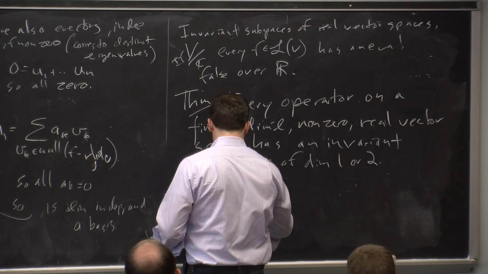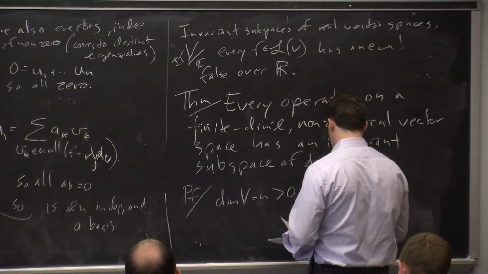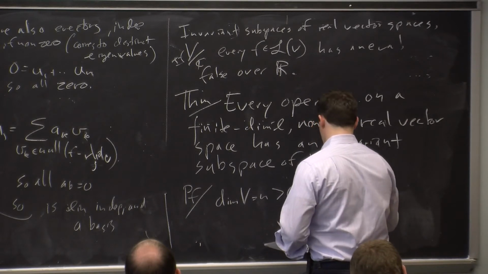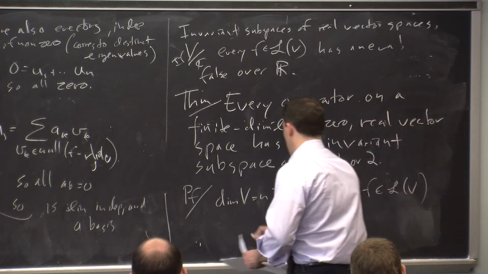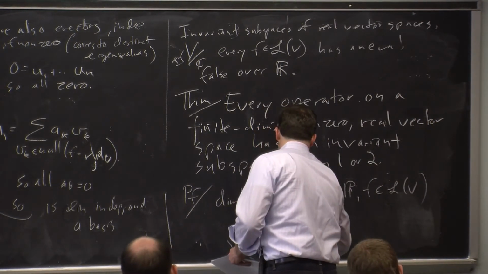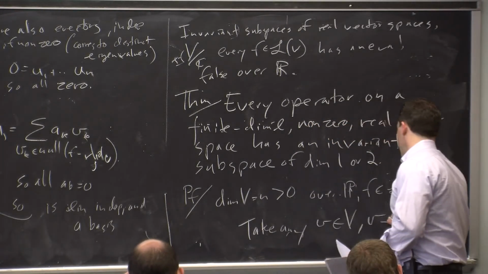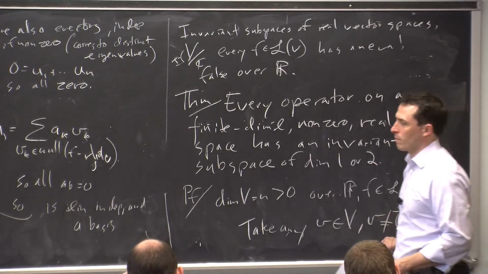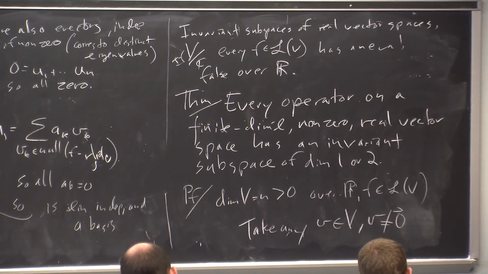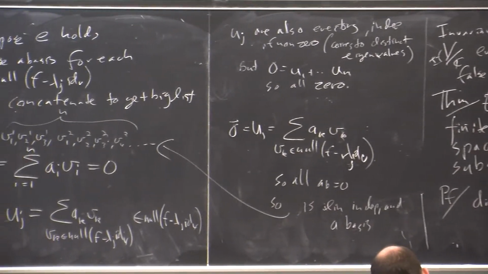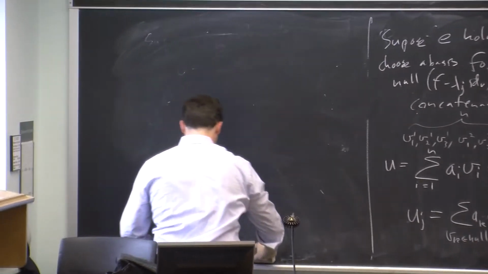Okay, so we have a real vector space of positive dimension, and we have a linear operator on that space, and we just take any vector v in V which is not the zero vector. Now we're going to construct a list of vectors just from those ingredients that's too long to be independent.